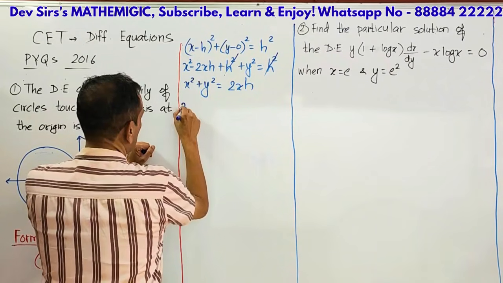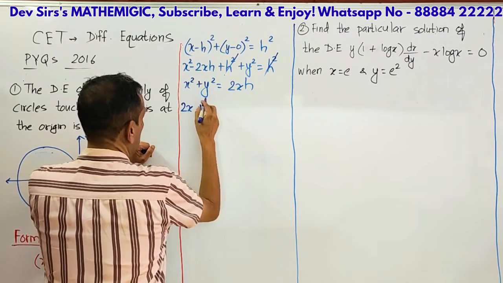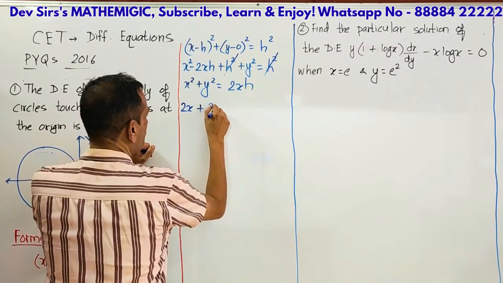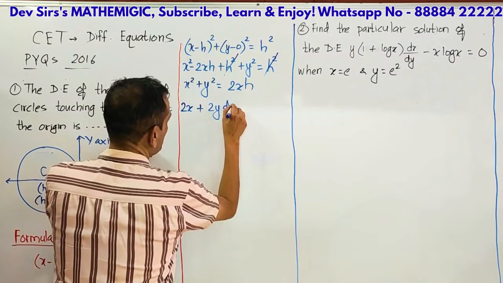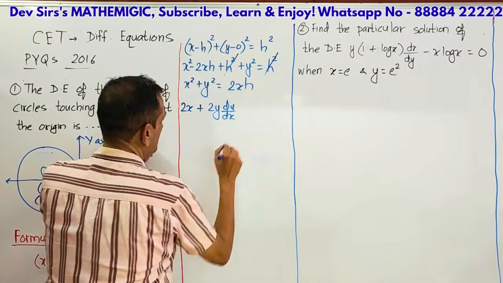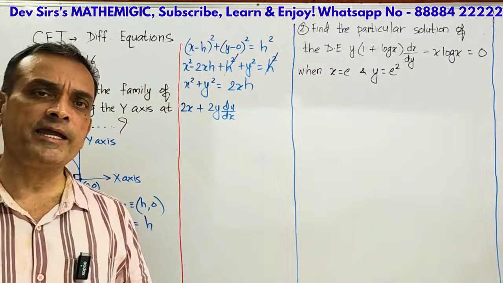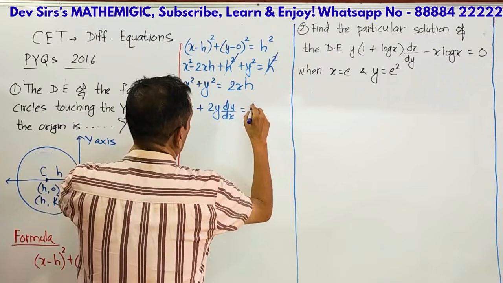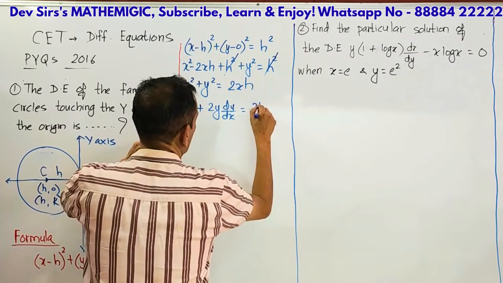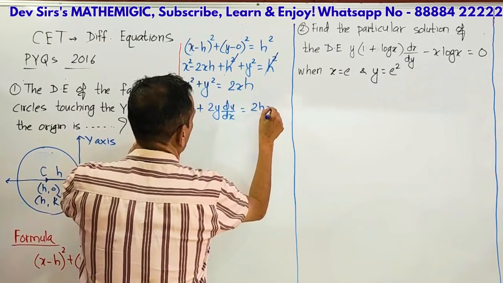Derivative of x squared is 2x. Derivative of y squared, don't forget your basics, is 2y, and the derivative of y is also dy by dx. Don't forget that. 2h is a constant, so the derivative of x is 1.